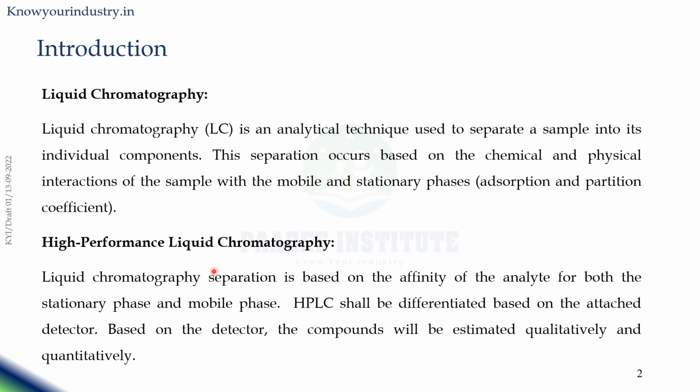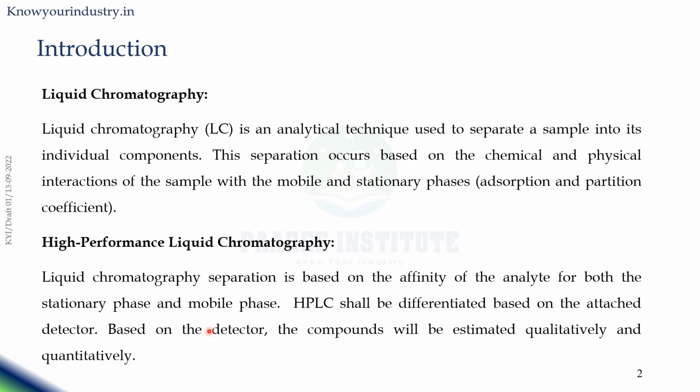So the high performance is attained based on the mobile phase passing through higher pressure, and also high end columns are used in high performance liquid chromatography. This separation is based on the affinity of the analyte for both the stationary phase and mobile phase, which is similar to the liquid chromatographic principle.